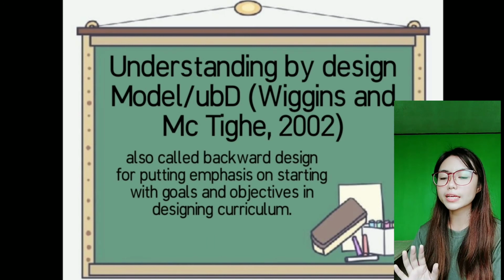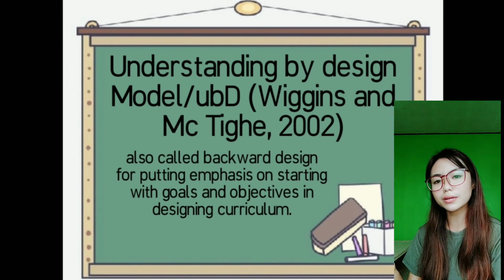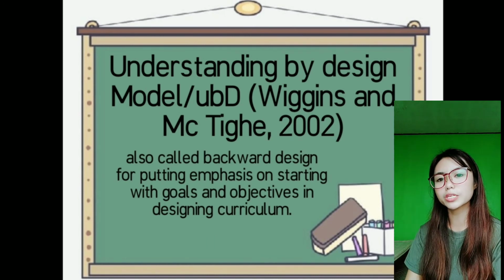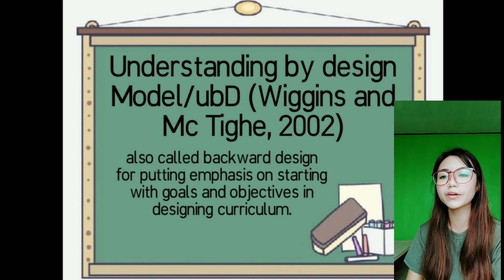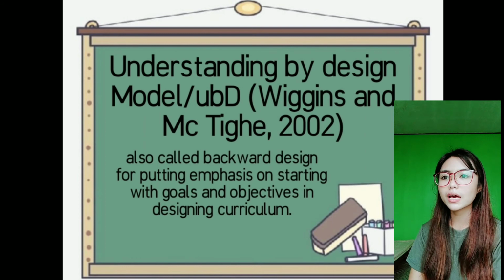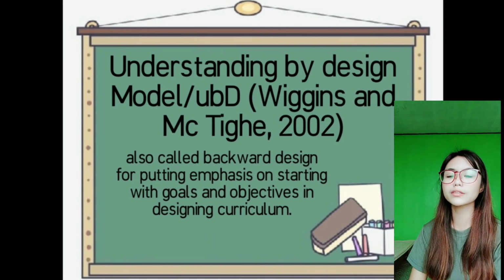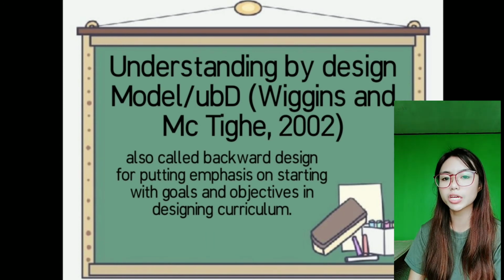The ending is the starting point. That delays the planning of classroom activities until goals have been clarified and assessment designed. This process helps avoid the twin problems of textbook coverage and activity-oriented teaching, in which no clear priorities and purpose are apparent.